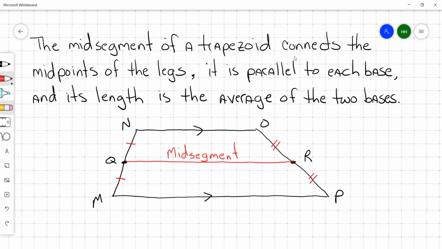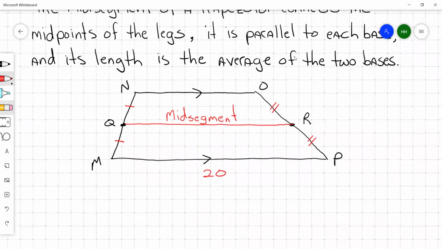And now let's say that MP is 20 and N to O is 12. The length of this mid-segment is going to be the average of 12 and 20. What's the average of 12 and 20? 16. You take the 12 plus the 20 divided by 2, right? 32 divided by 2 is 16.